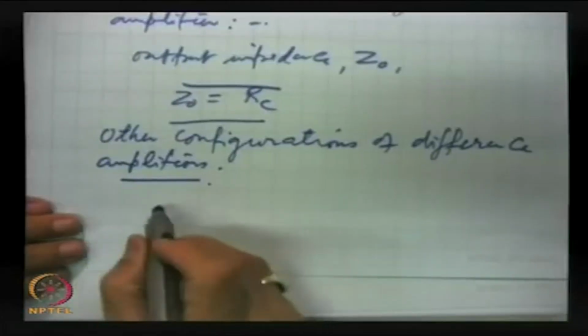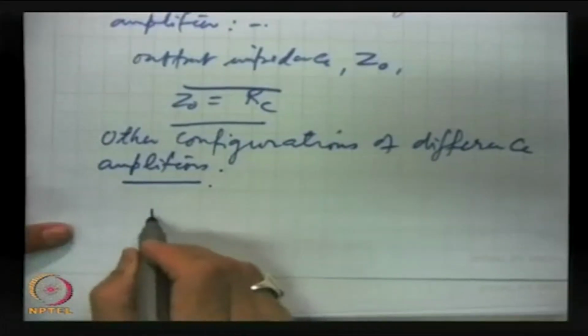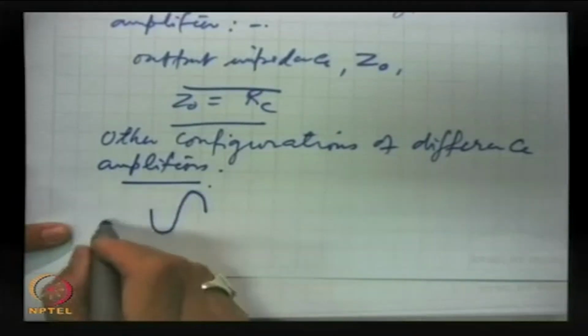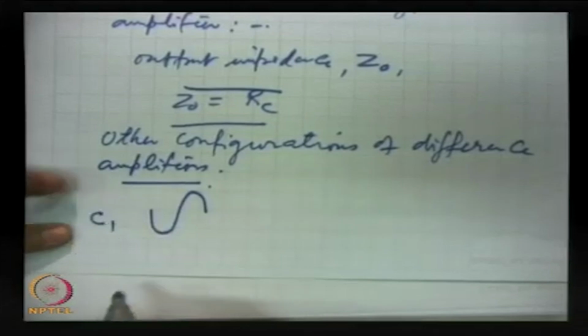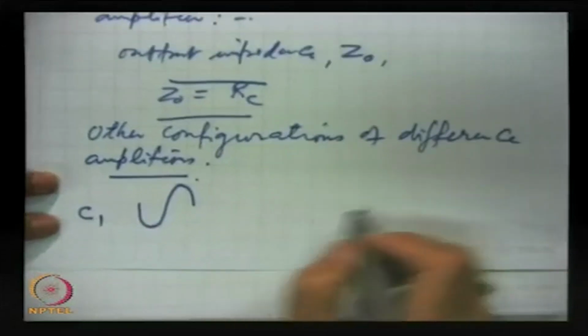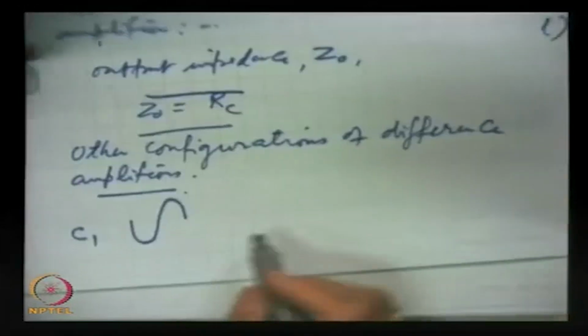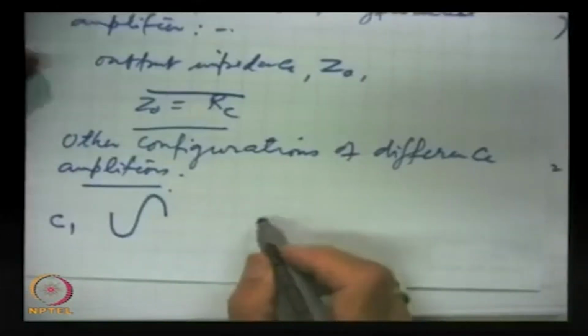I just make this point clear. For example, when both signals were there, the output at the Q1 collector was like this, from the collector C1, and the collector of C2 was like this.